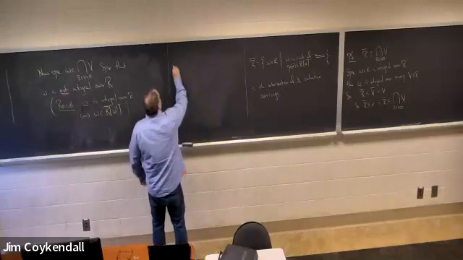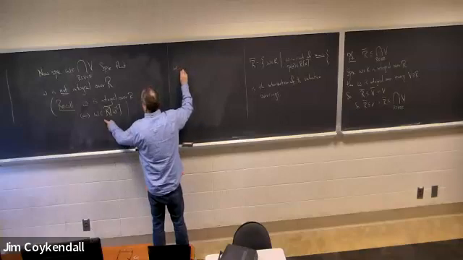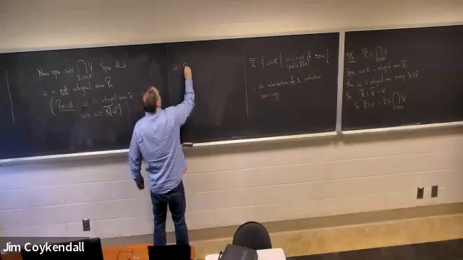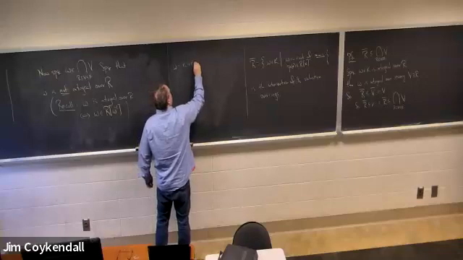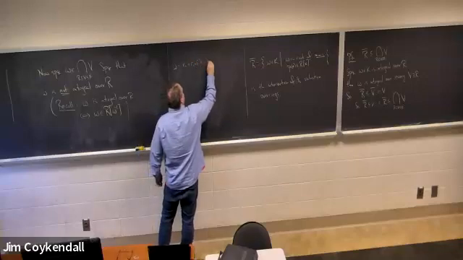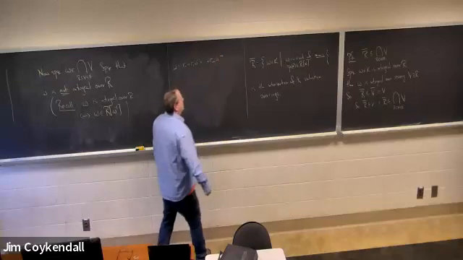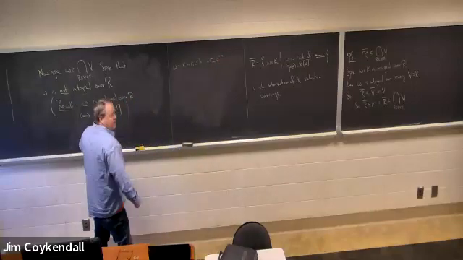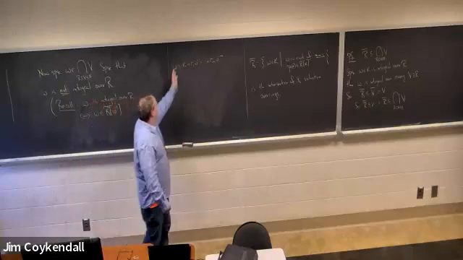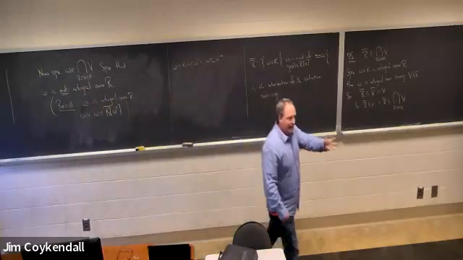If omega is in R adjoined omega inverse, that's what the statement means, then omega is a linear combination of powers of omega inverse.